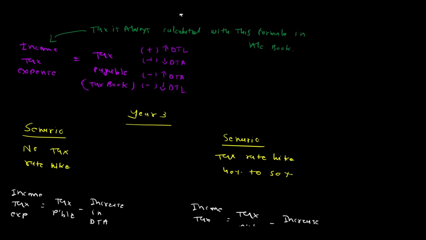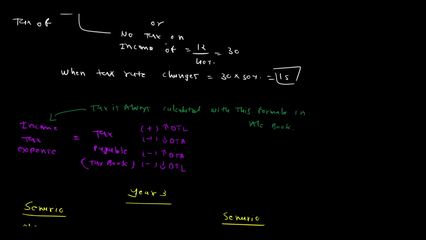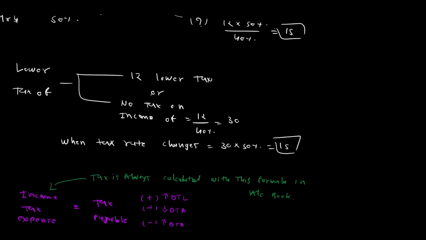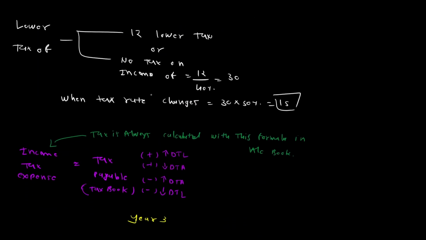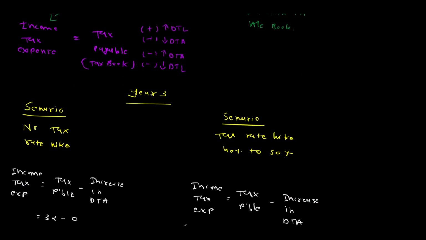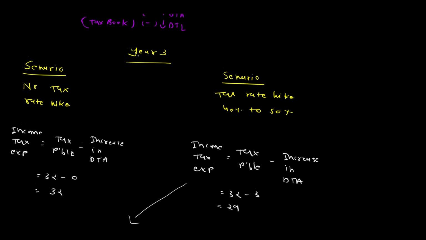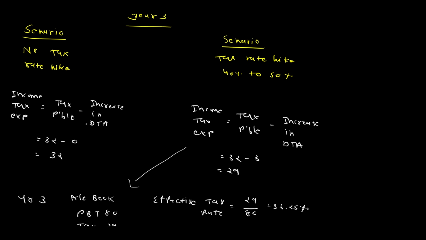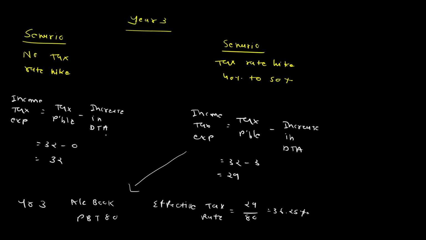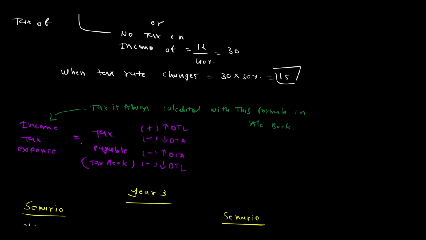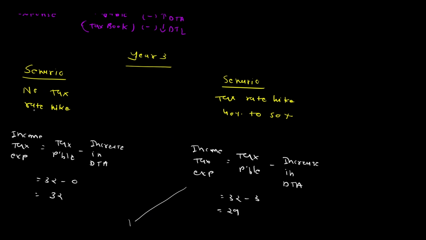Let's calculate how much we need to show as tax expense if the tax rate is increased. For year 3, in the no-hike scenario, my income tax expense equals tax payable, 32, and there is no increase in DTA.